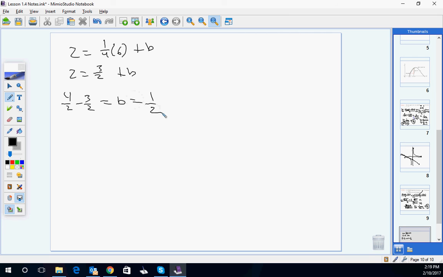So your equation of your line is that. 1/4 x plus 1/2. Okay, so you're going to notice something with this one, but this picture, it was x plus 2, right?